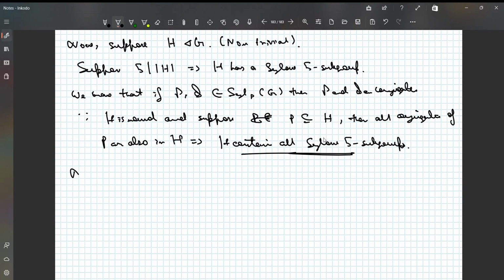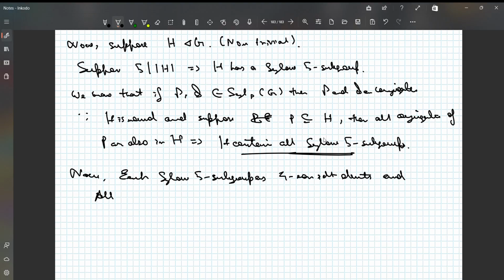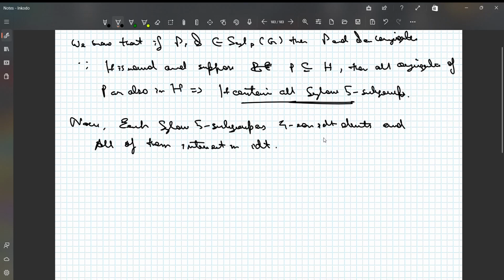Why is it so? Observe that each Sylow 5-subgroup has 4 non-identity elements, and all of them intersect in the identity. There are 6 Sylow 5-subgroups.